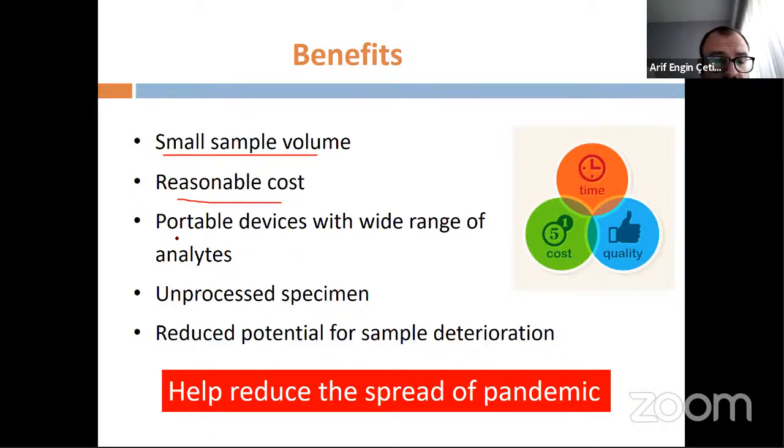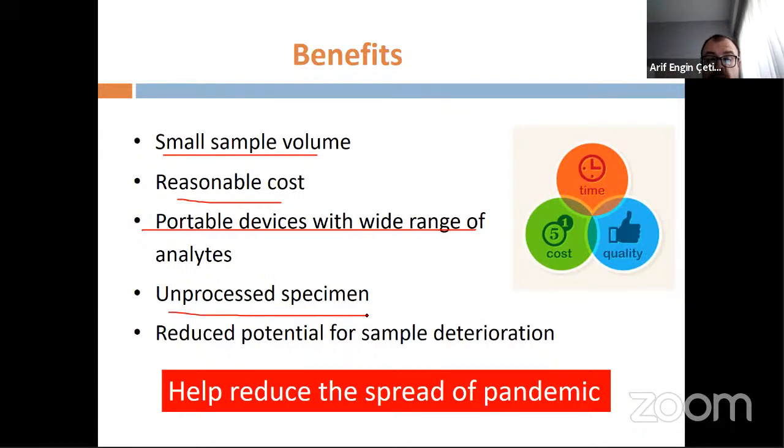These POCT platforms can be used with a wide range of analytes such as urine, blood, saliva, nasal samples, or sweat. So you don't need to process the specimen as in the classical method.